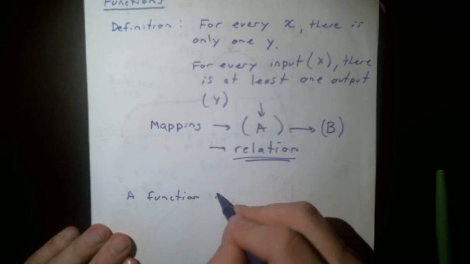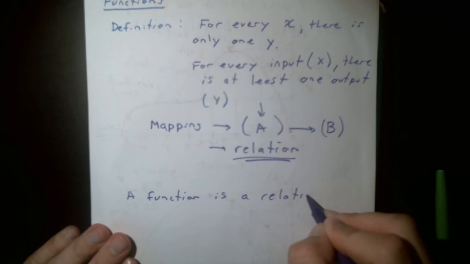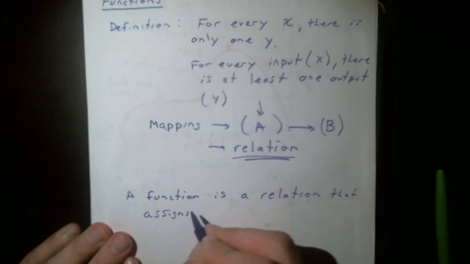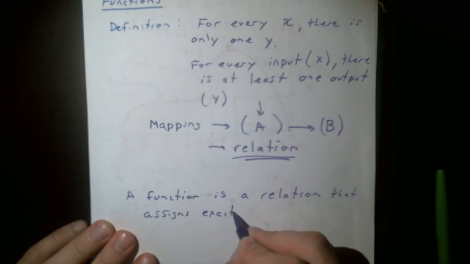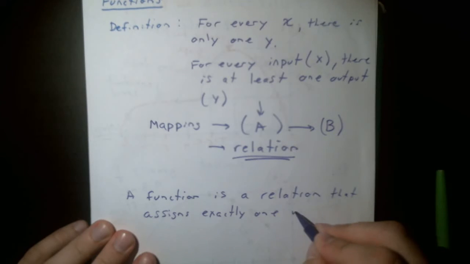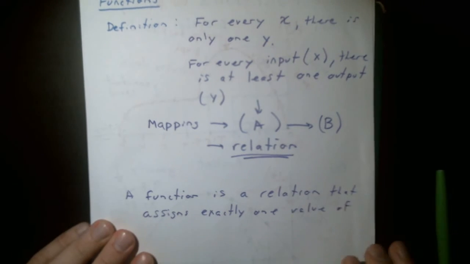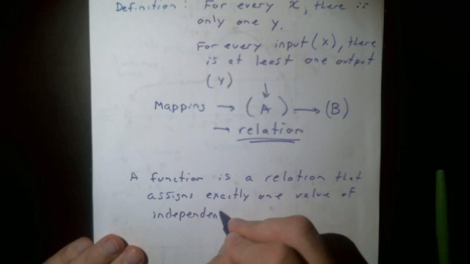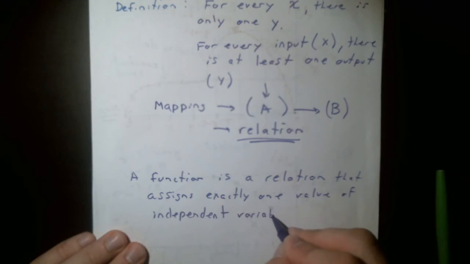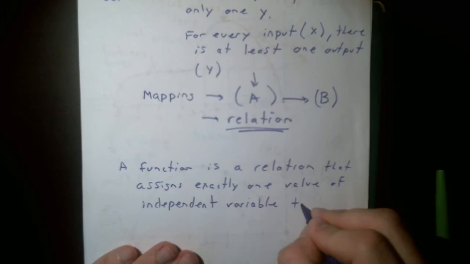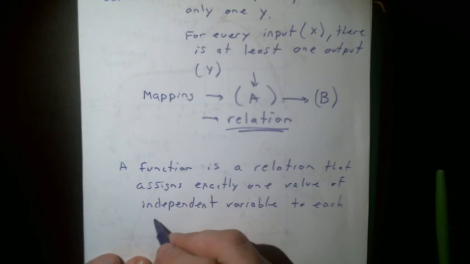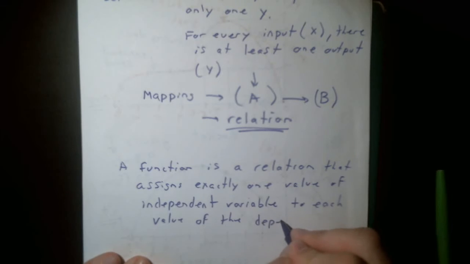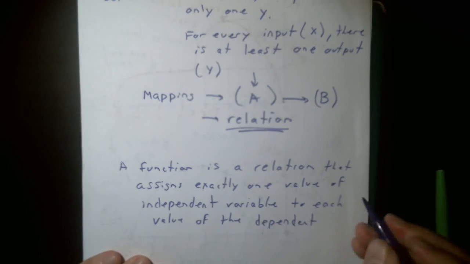A function is a relation that assigns exactly one value of the independent variable to each value of the dependent variable.